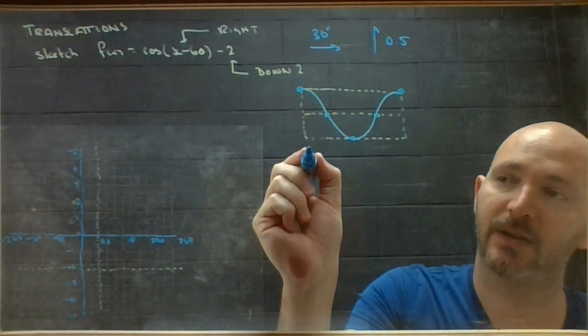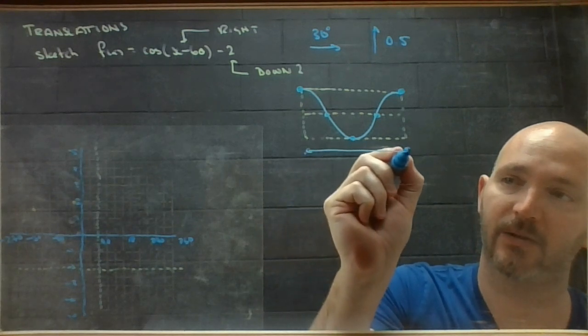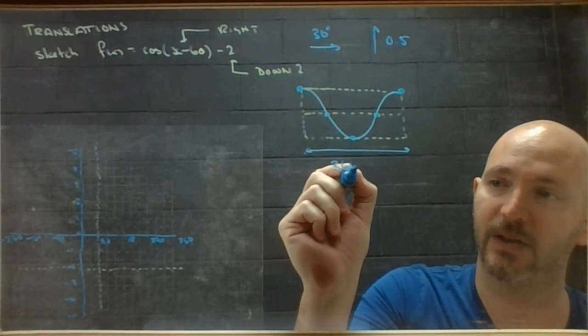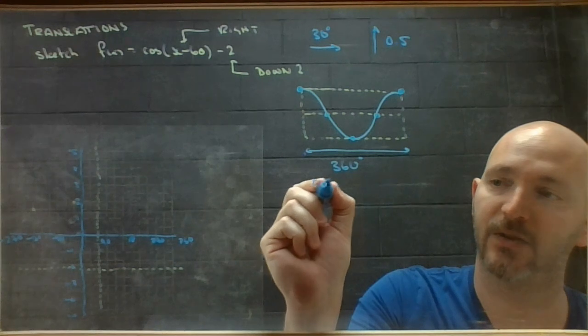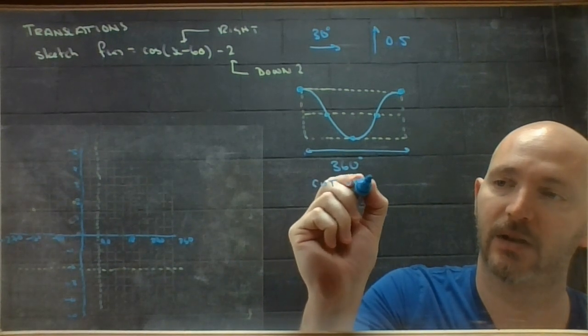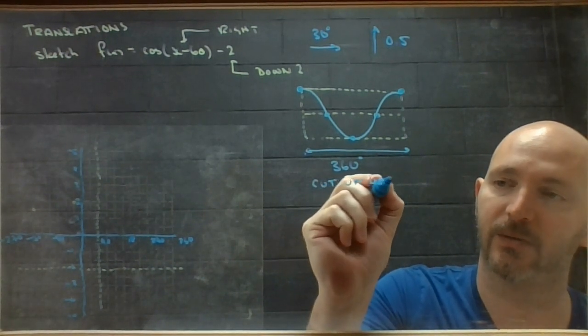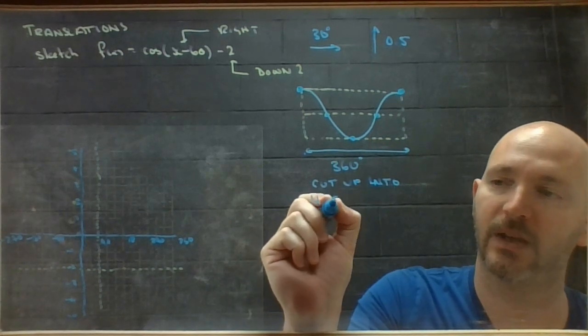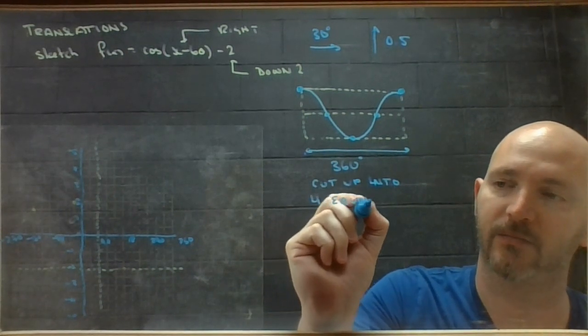So you end up with a full cycle, which is 360 degrees, cut up into four equally sized chunks.